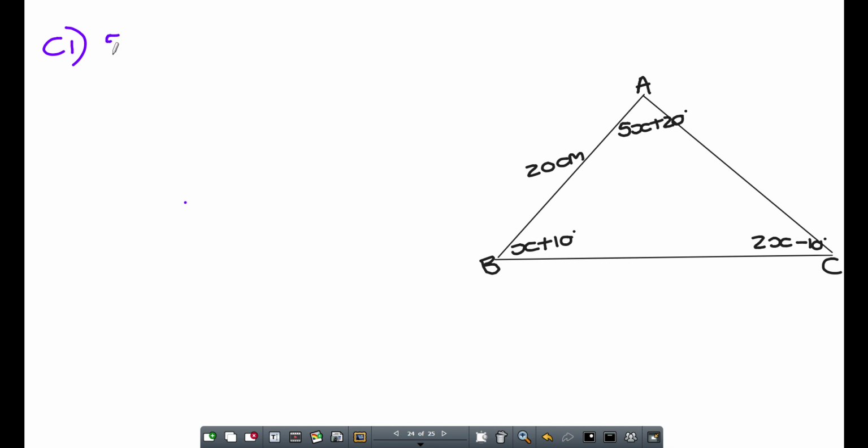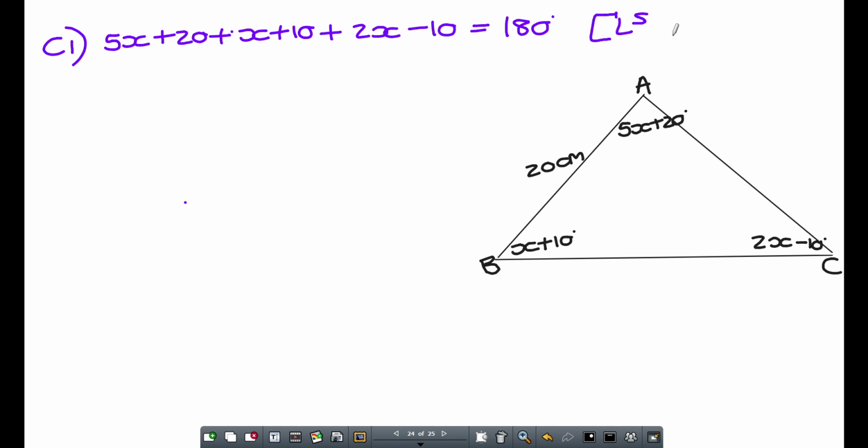Good. So I'm going to start with 5x plus 20 plus x plus 10 plus 2x minus 10, and all of that must give me 180 degrees, and your reason must be angles of a triangle. Okay, so now we're going to simplify. 5x plus x gives me 6x plus 2, 8x.